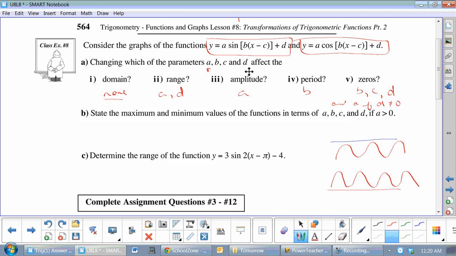Now, here's another good question. Just using these letters, tell me how to find the maximum and minimum values of a graph. You're only allowed to use A, B, C, and D. Come up with an equation that would give you basically the range.